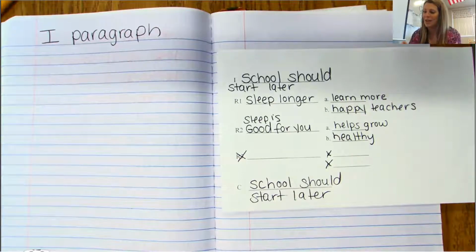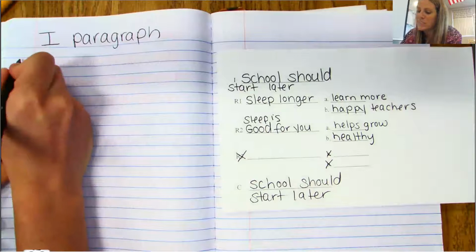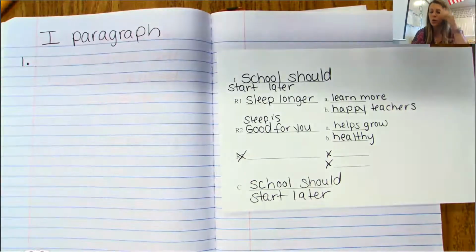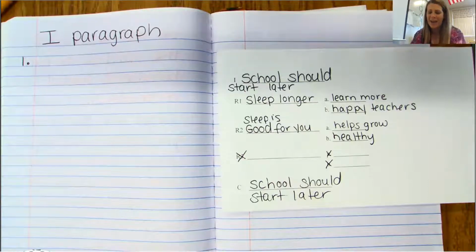That's it. Okay, so the first sentence that you are going to include is your hook. Easy, right? Now, if you have these 3 colors, this is really important.